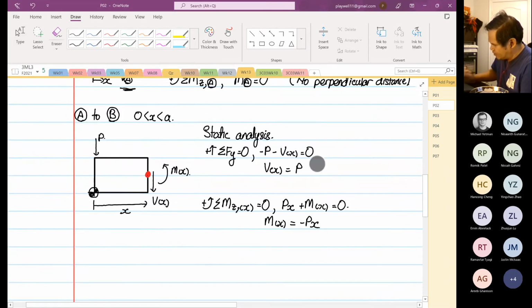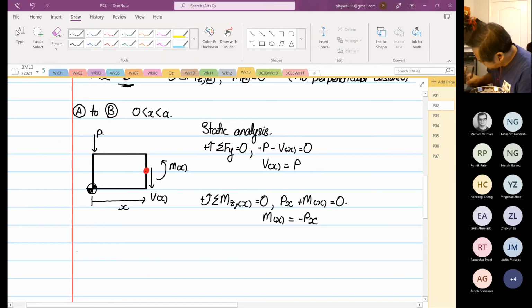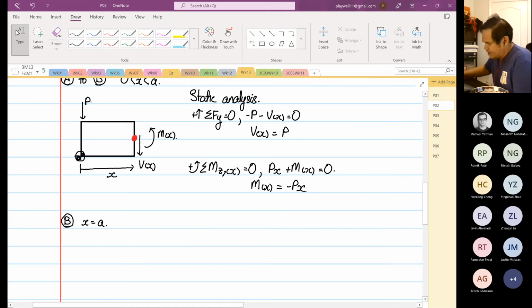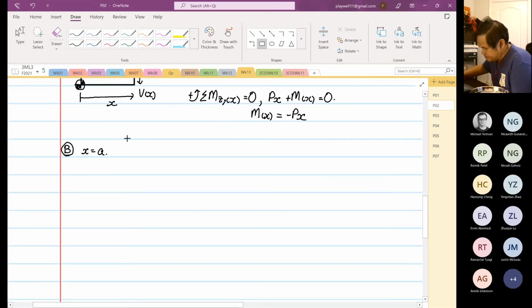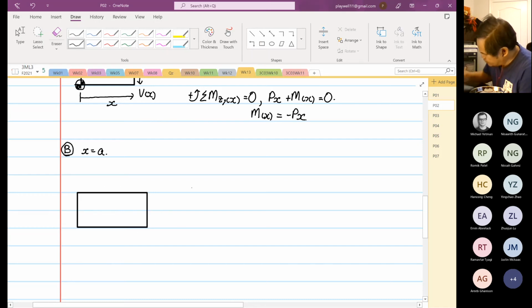Then the next one, we are going to find at point B. Okay. At point B, where you have X is equal to A. Okay. So now X is equal to A. So geometric datum is over here.